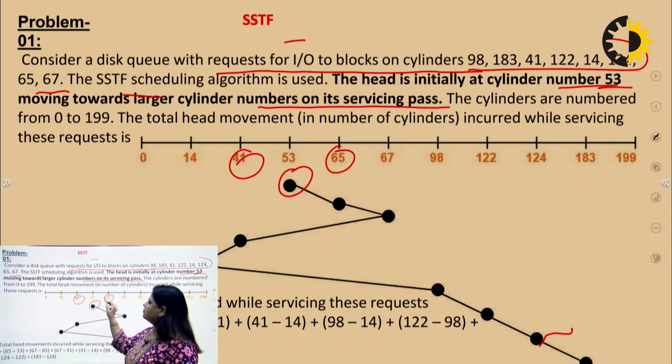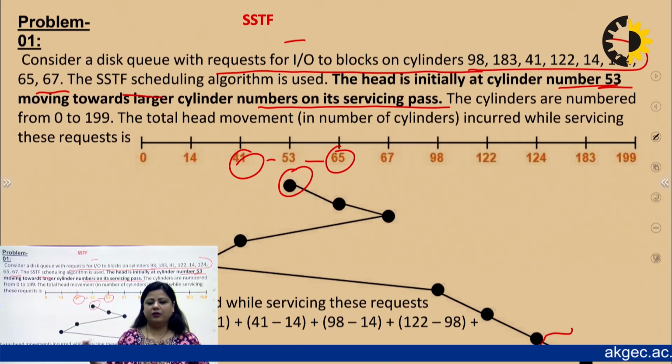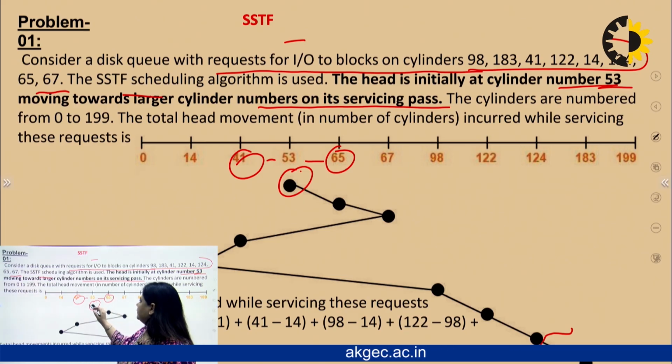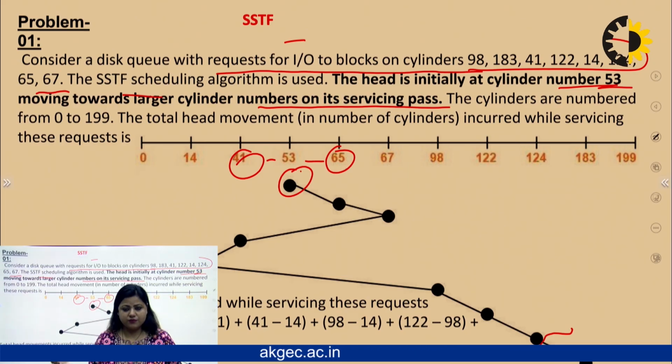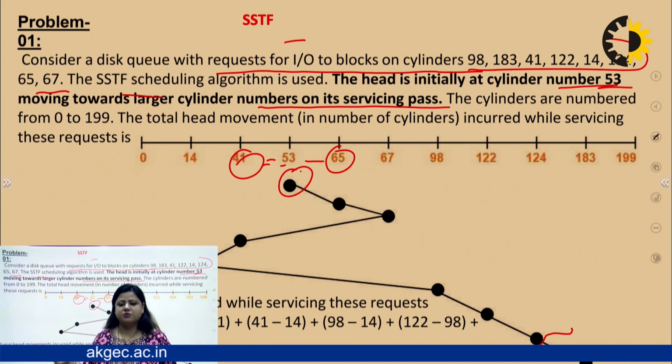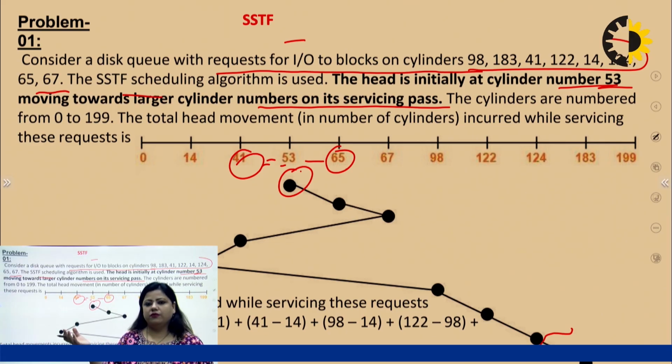Both are at the same distance from 53. But what do we consider? So we go towards the second step.